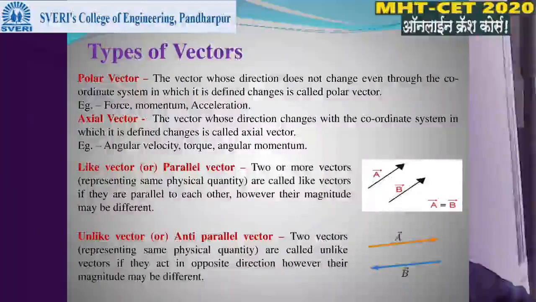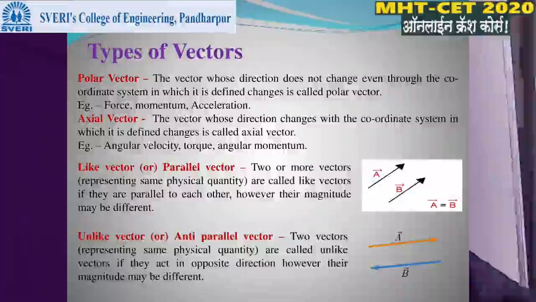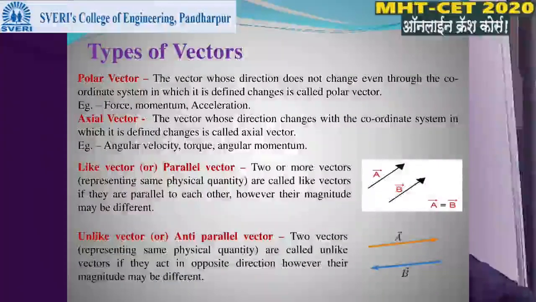I repeat, a vector whose direction does not change even though the coordinate system in which it is defined changes is called a polar vector. Examples of polar vectors are force, momentum and acceleration.